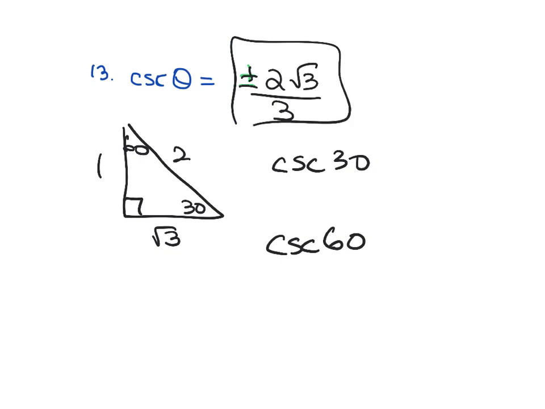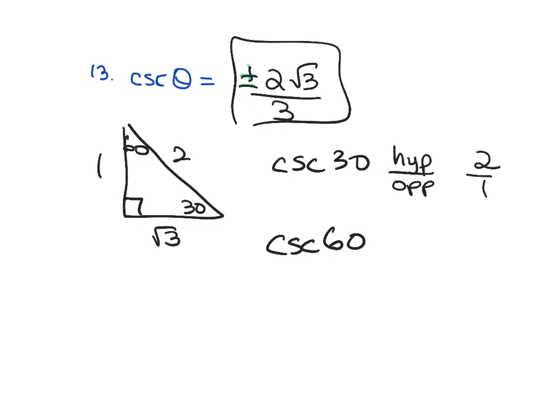Cosecant is the reciprocal of sine, so I'm looking for hypotenuse over opposite. Hypotenuse is 2, and opposite to the 30 would be 1.